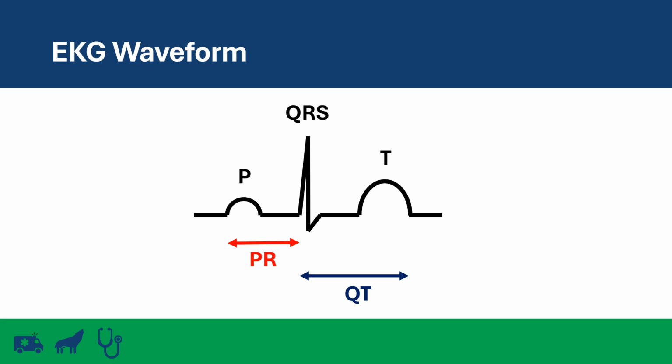If it's less than this, we consider it narrow. If it's greater than 0.12 seconds, we consider that wide. Lastly, you have your QT interval, which is from the start of the QRS to the end of the T wave. It represents one full ventricular cycle, or depolarization and repolarization, and generally it should be less than 0.45 seconds.